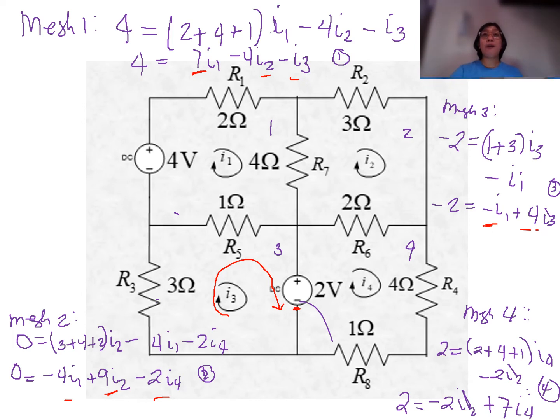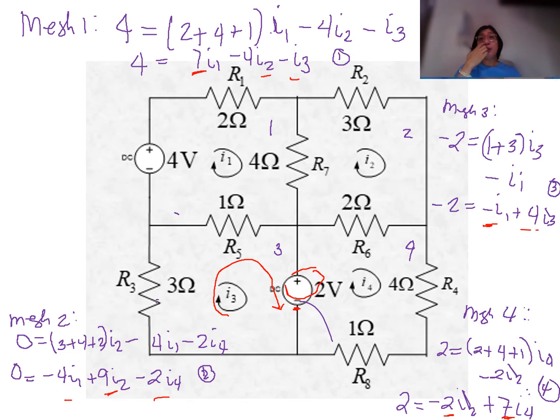And then lastly, we have mesh number 4. All resistors connected at mesh number 4, we treat them as positive. So this is 7. And mutual resistor connected both at mesh number 2 and mesh number 4, we treat that as negative. So why positive 2 volts? Because if we follow this mesh, we will be leaving at positive 2 volts. So therefore, this is positive 2.